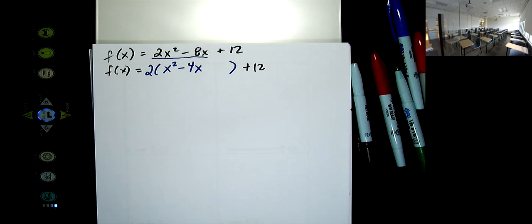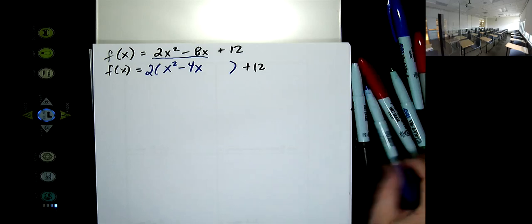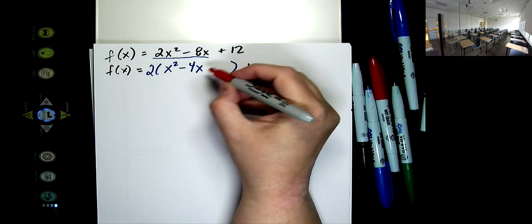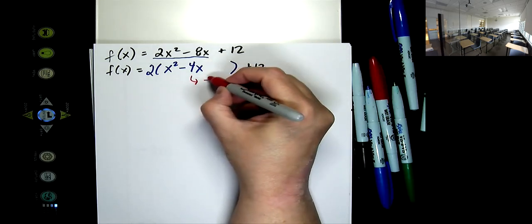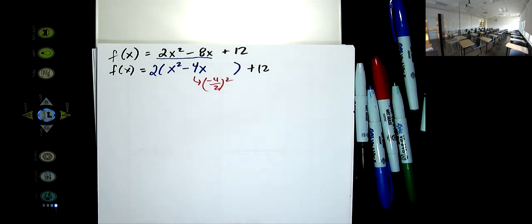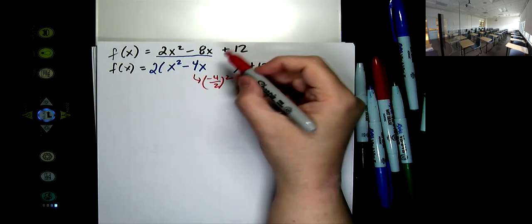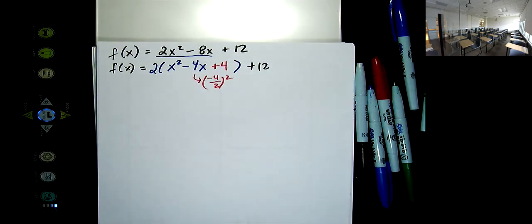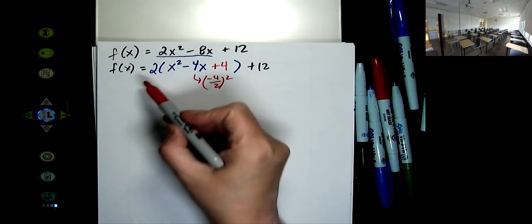If I want to complete the square, I do the same things we normally did, but there's a single change. This still ends up being +4 in here. But I haven't just added 4 to the right-hand side. I've added 2 times 4.